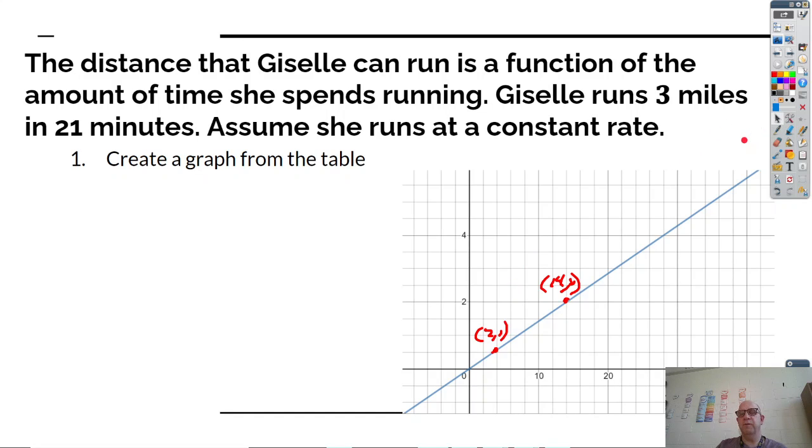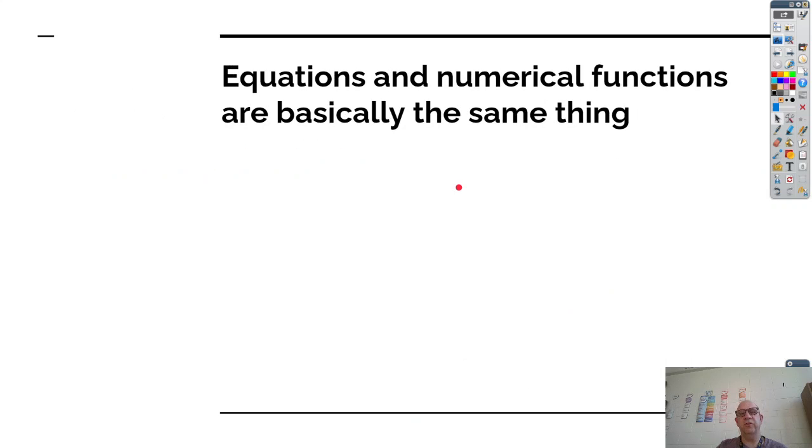So I have a graph, a table, and an equation of the function for Giselle running. So basically what I'm saying is equations and numerical functions are basically the same thing.